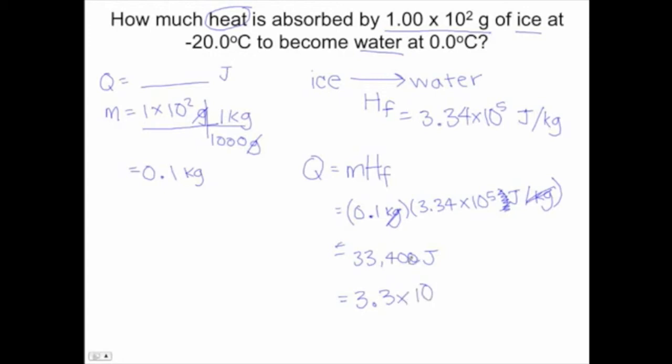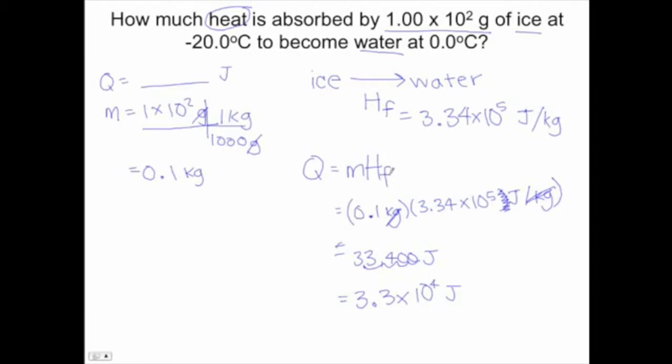I'm going to count. 1, 2, 3, 4. So you might see an answer either way on the test as one of your choices. So make sure that you know what the answer looks like both ways. I might practice my scientific notation a little bit so I know how it looks. And that's all you have to do for a heat of fusion.